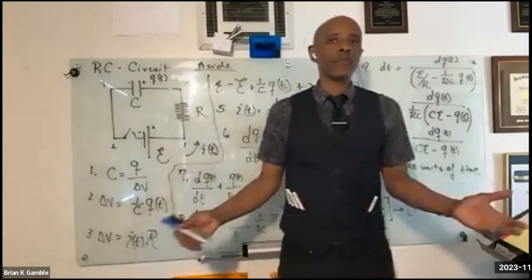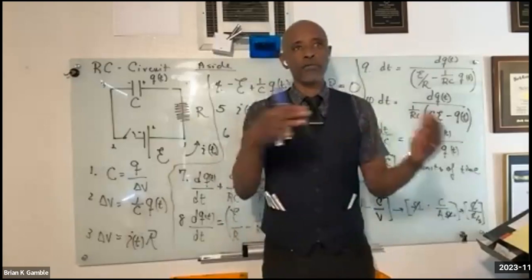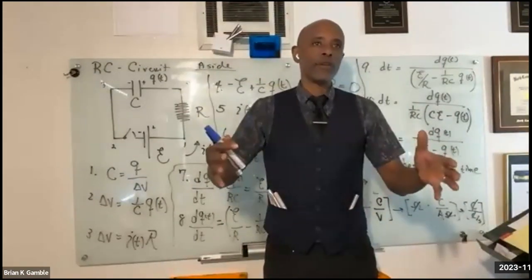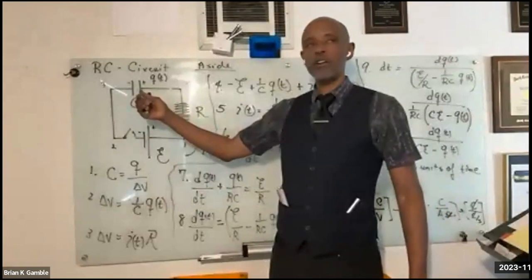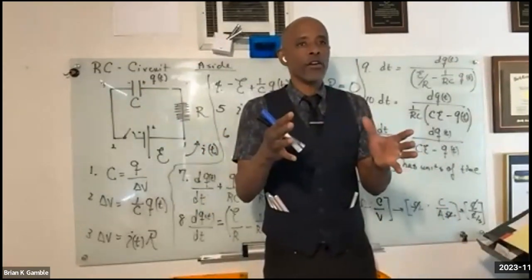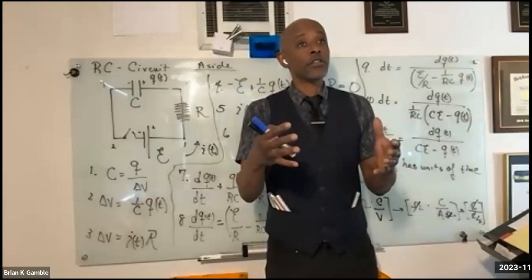Before, we were doing it either fully charged or not charged. Here, I'm in that time period before it becomes fully charged, when the current will stop. So I'm in that regime where the current is changing and the charge is changing.